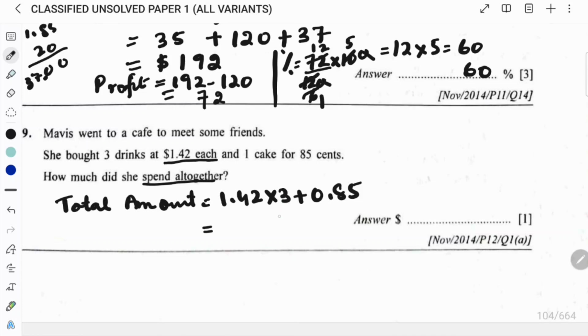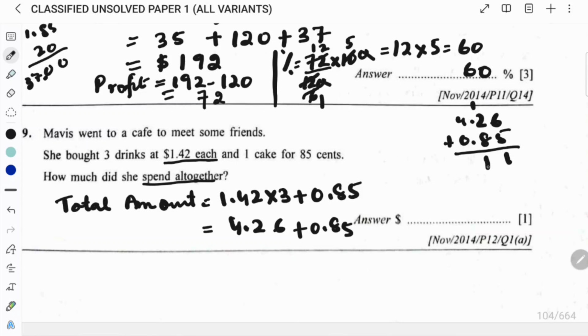So 3 2s is 6, 3 4s is 12, 3 1s 3, 4.26 plus 0.85. 5 and 6, 11. 8 9 10 11 again. 4 plus 1, 5. $5.11 is the answer for question number 9 for finding out the total amount spent altogether.